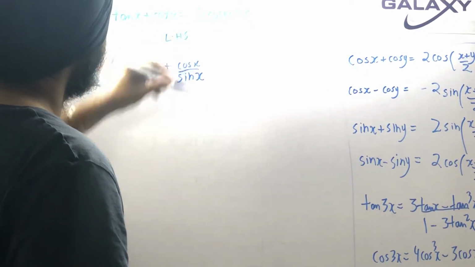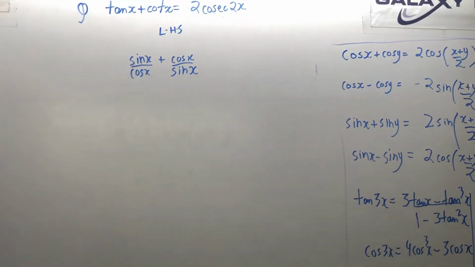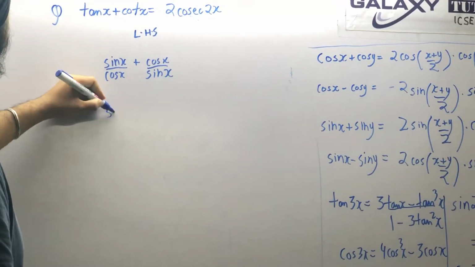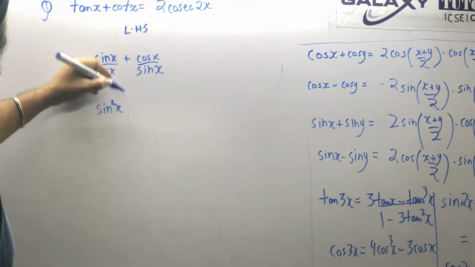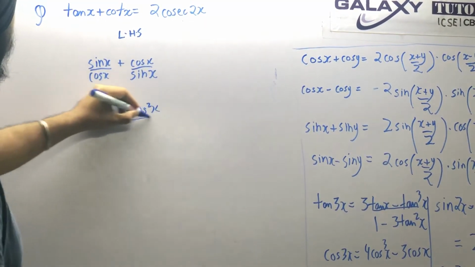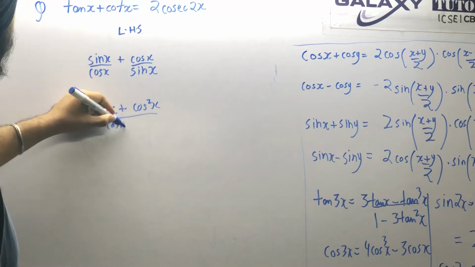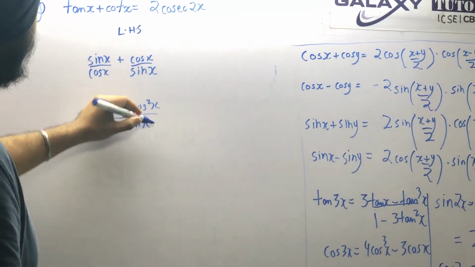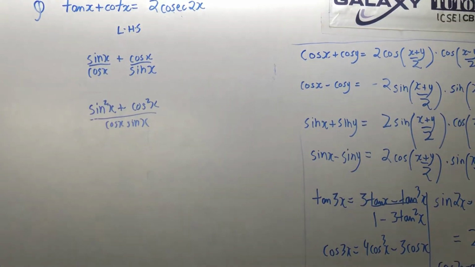Okay, and just take the LCM, cross multiplication. Sin square x plus cos square x divided by cos x sin x, right? Sin square x plus cos square x is how much? 1.